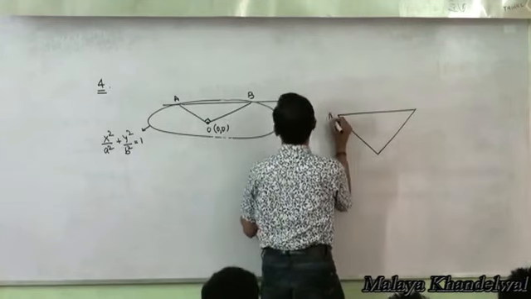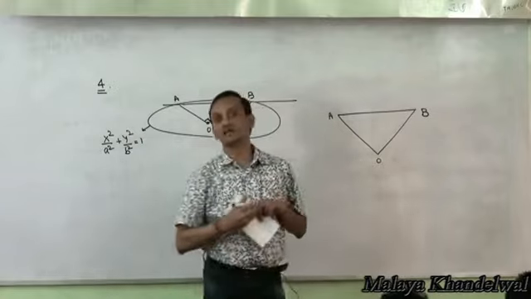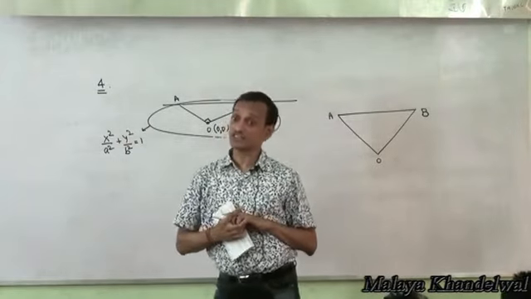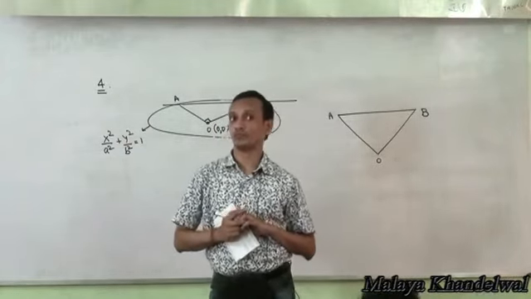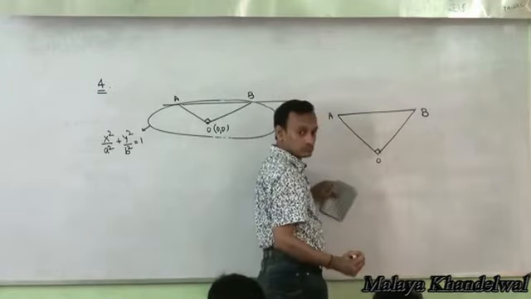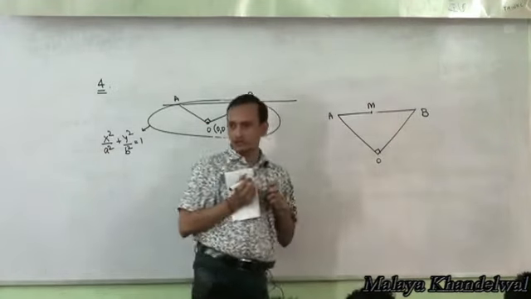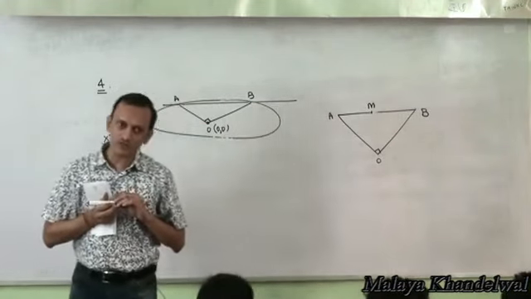Now, first of all, look at this triangle AOB. We are seeking the centroid. This is a right angle triangle. The midpoint of the hypotenuse will be the circumcenter of the triangle.